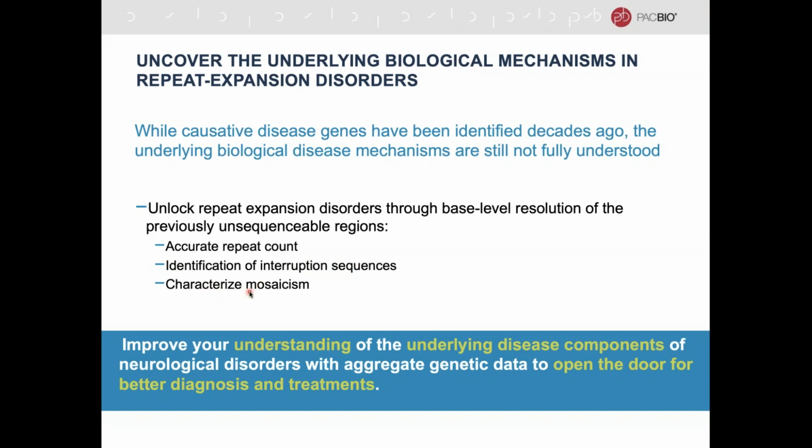There's some indication that this might have an effect on the phenotype severity in some of the disorders. So all in all, if they have all this information, it is going to be much easier for them to better understand the underlying disease components and in the future provide better diagnosis and treatments for the patients.